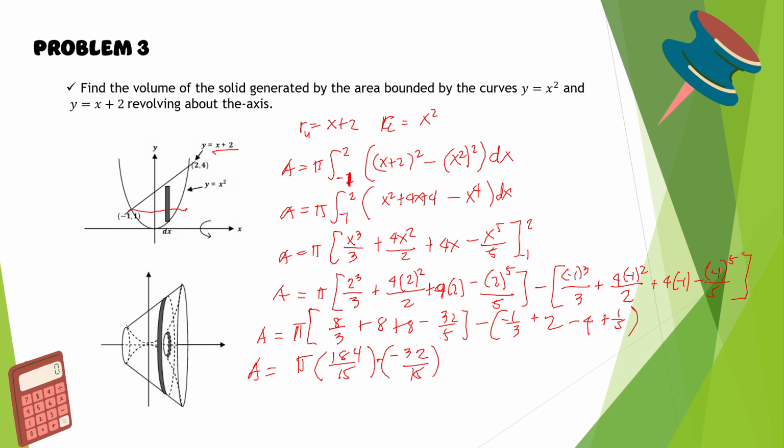If we subtract, 184 minus 32 divided by 15, no, not subtract. 184 plus 32 is 216 over 15 pi, or simplified as 72 over 5 pi.